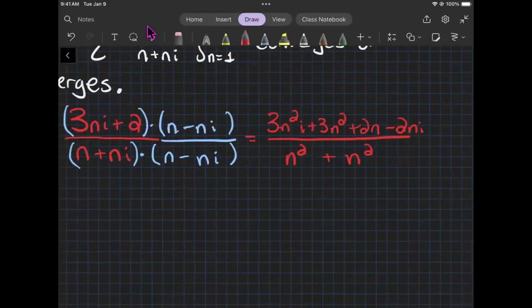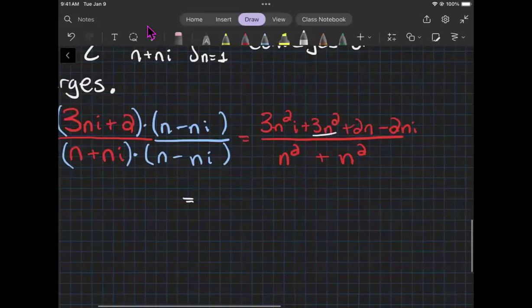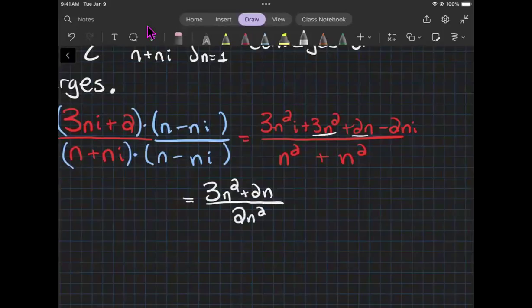And so the real component would be (3n squared plus 2n) divided by 2n squared.